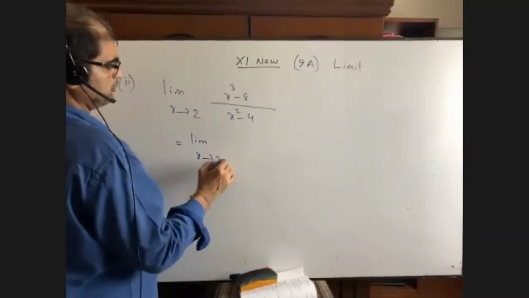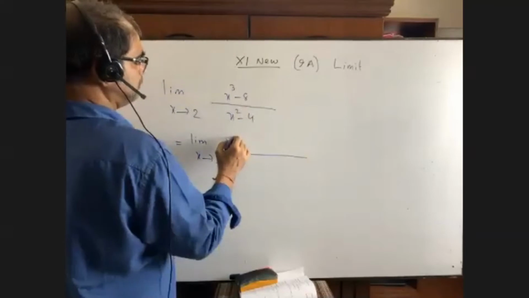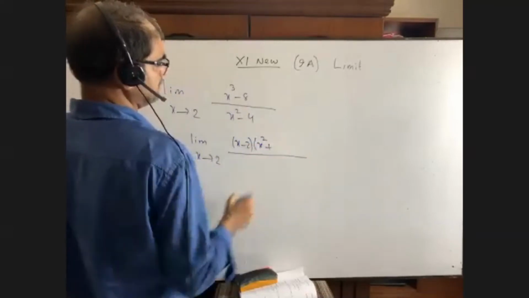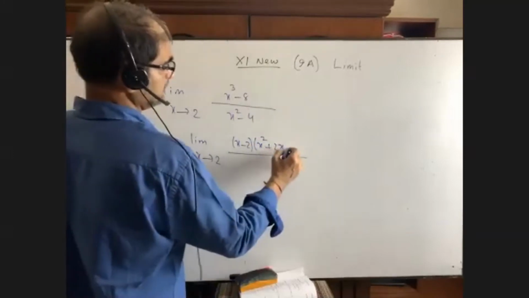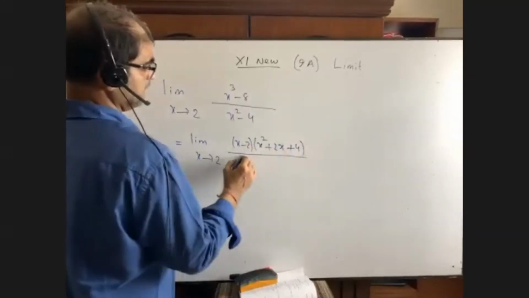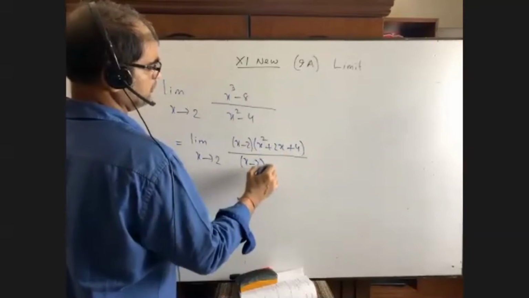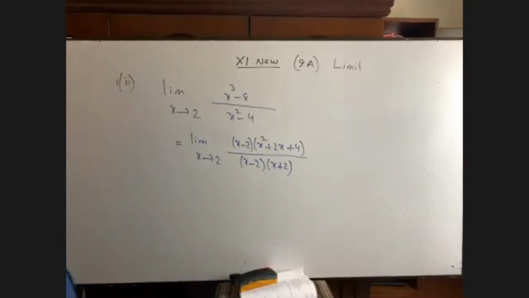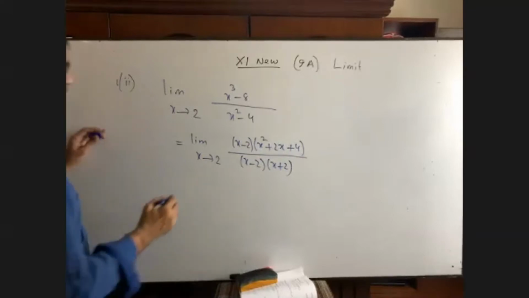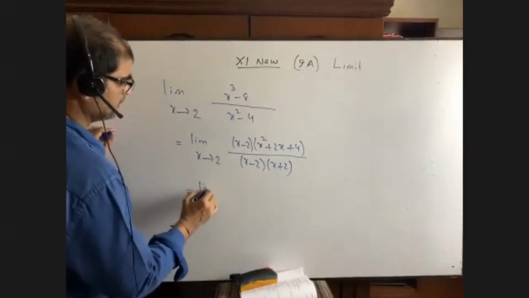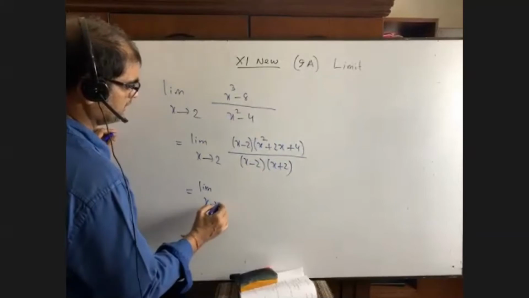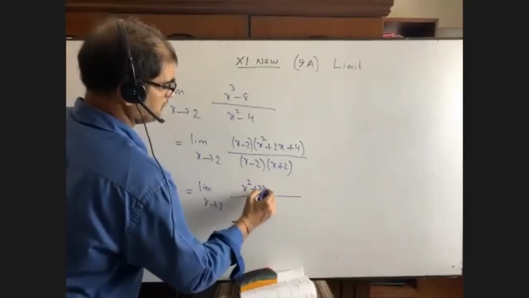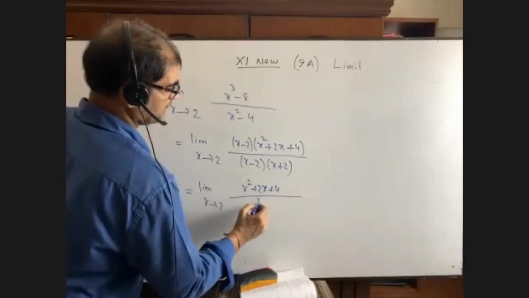x tends to 2, then in the numerator it is x minus 2 times x square plus 2x plus 4, and here it is x minus 2 times x plus 2. Now x minus 2 and x minus 2 will be omitted from both the numerator and denominator, and we'll be left with x square plus 2x plus 4 by x plus 2.